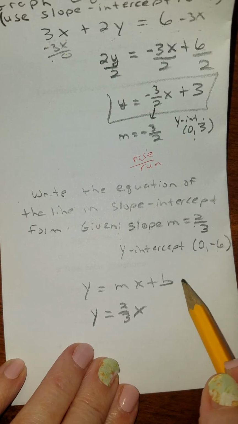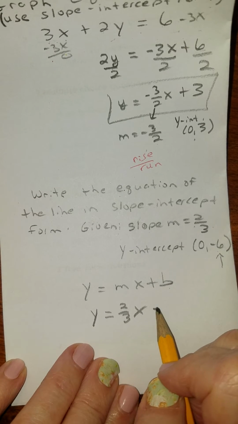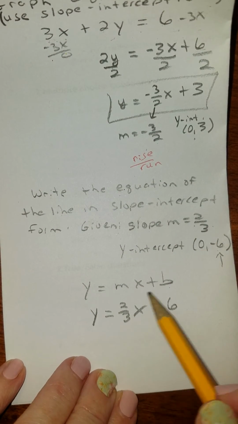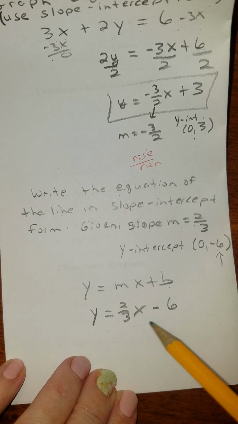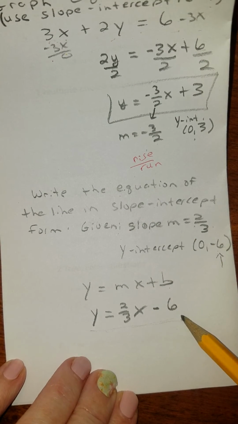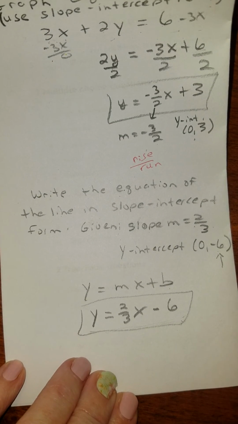And remember, the b is this y-intercept. So in this case it would be negative 6. I have now done what they've asked. They've asked me to write the equation of the line given this slope and given this y-intercept. So you'll also come across that in your homework as well.